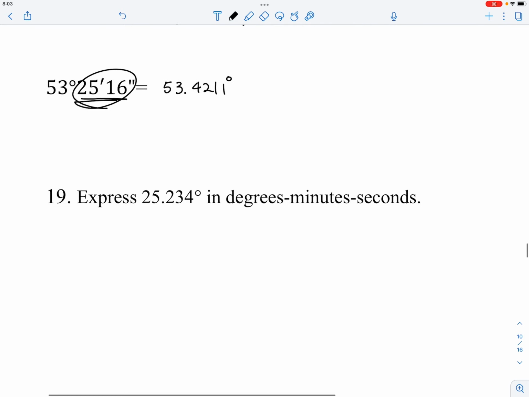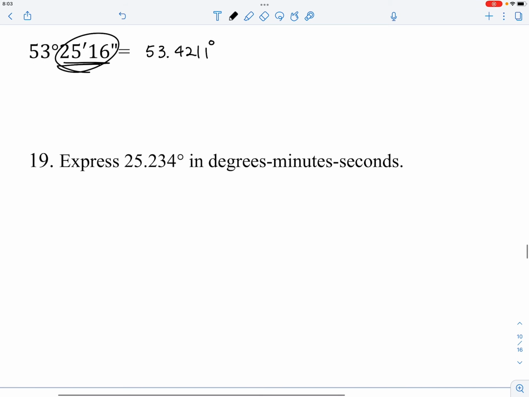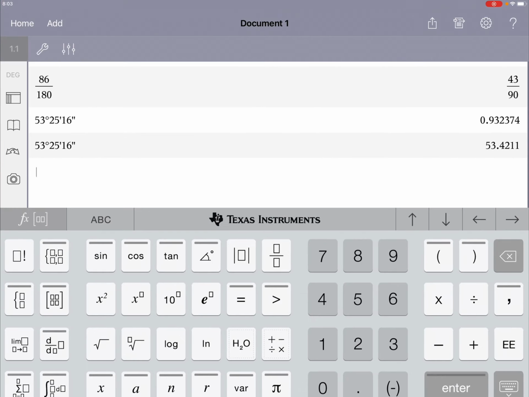Now, how can we express 25.234 degrees to DMS?